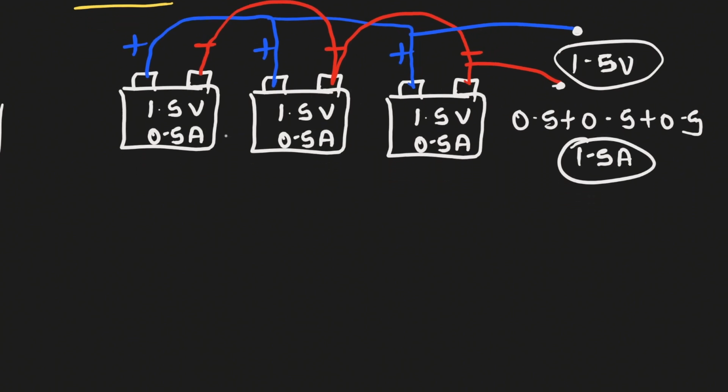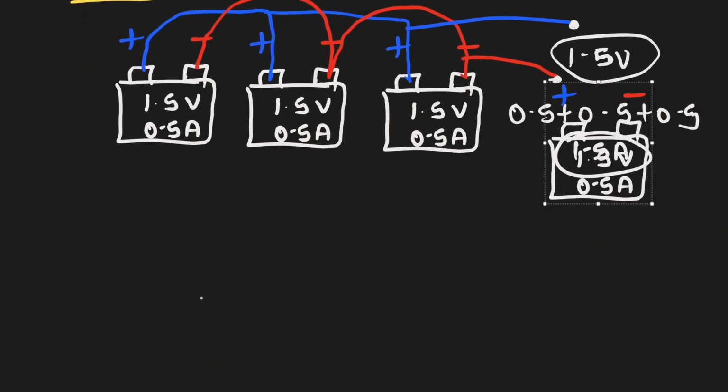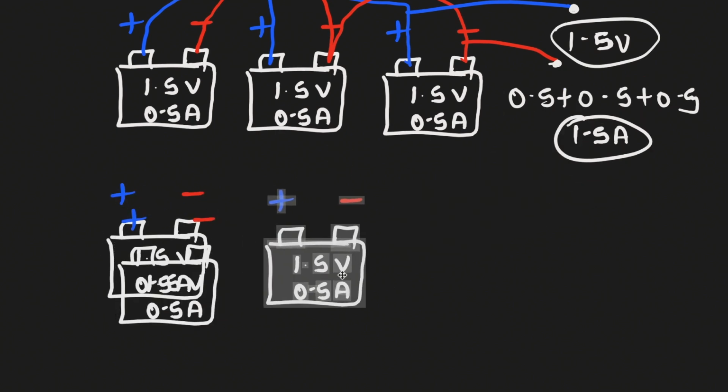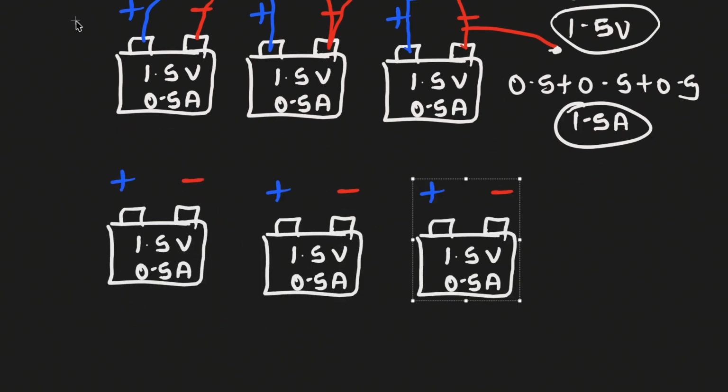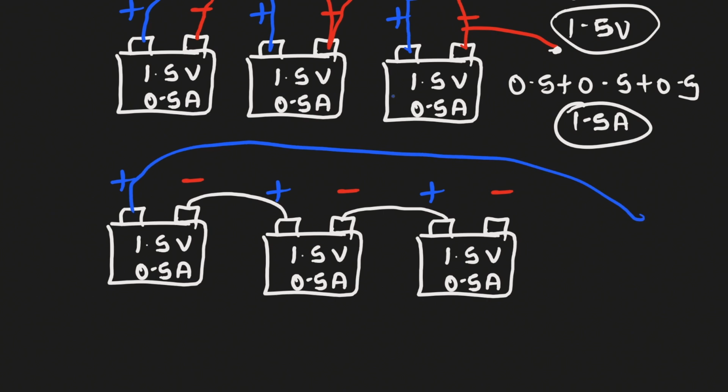Now let's look at when we connect them in series. When you're connecting in series, negative goes to positive, negative goes to positive, then you get your output from here, positive and negative. So when you're connecting in series, the voltage is going to increase.